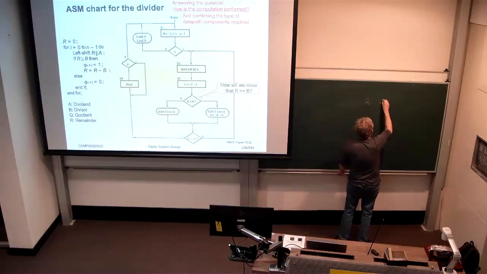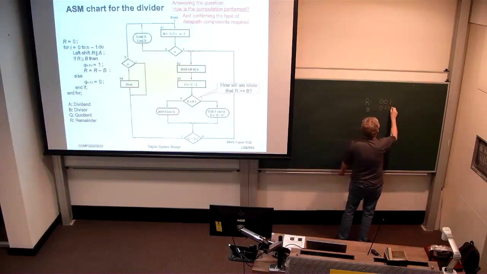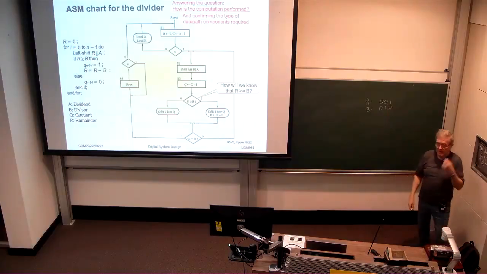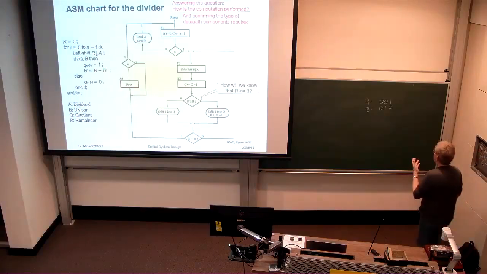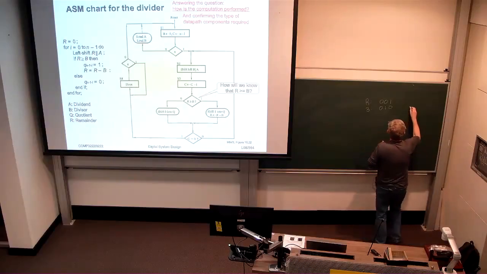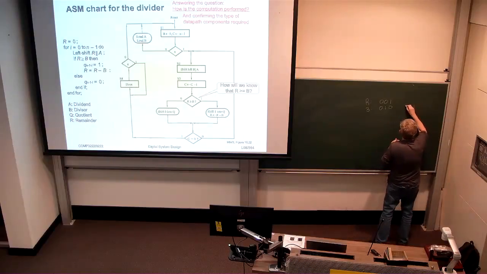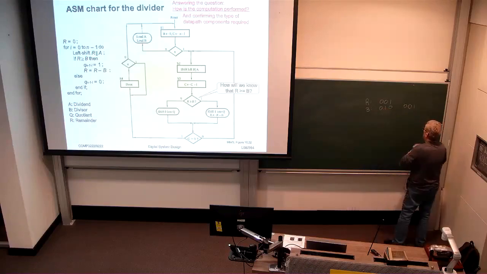So how do we know in a binary number system whether R is greater than or equal to B? Let's say R is 1 and B is 2. Is R greater than B? How do I know that? Yeah, if I subtract B from R, I have to add the 2's complement, right?